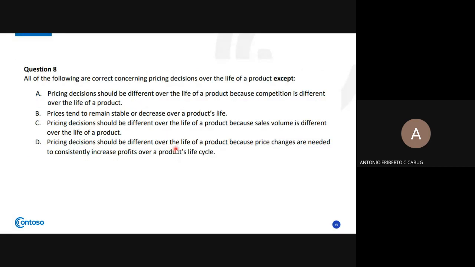How about this one? All of the following are correct concerning pricing decisions over the life of a product except, go.